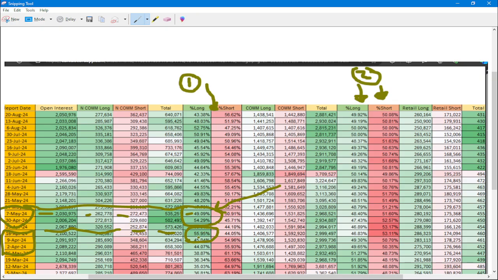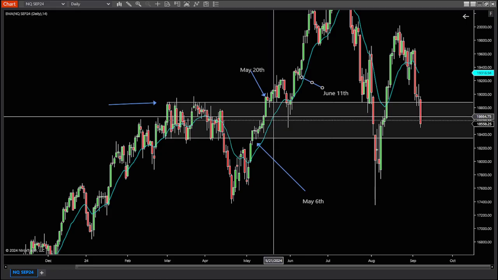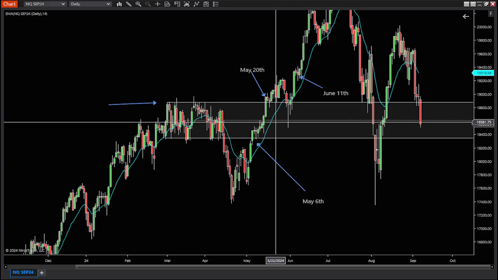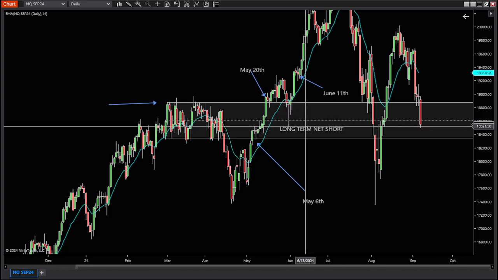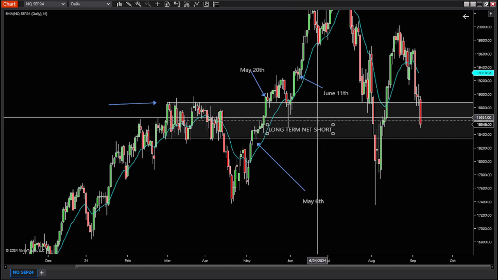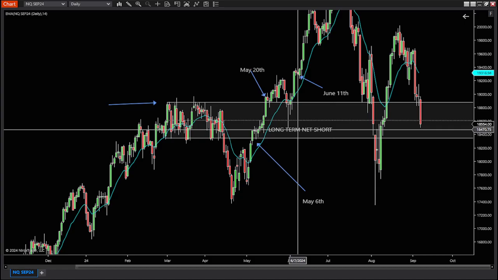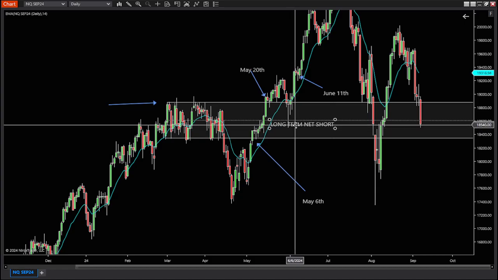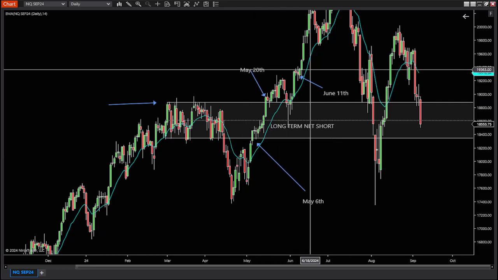They moved 6% from long into short. Now they're net short. So we know, looking at the numbers on the report, that the long-term participants are net short inside of this area. Right around here, they became net short.